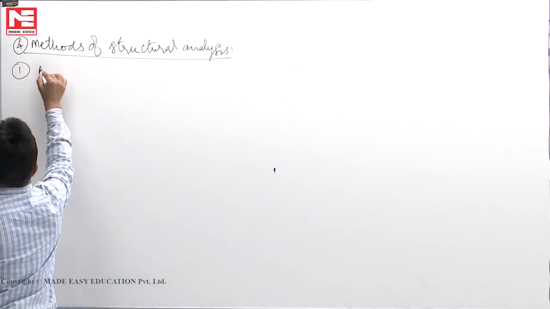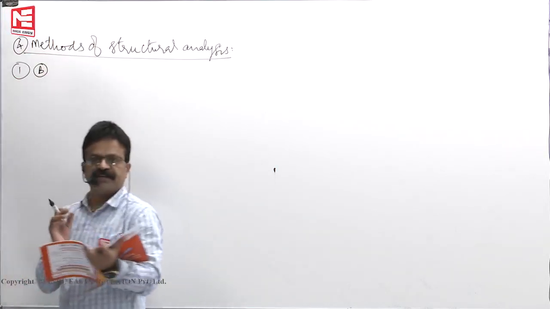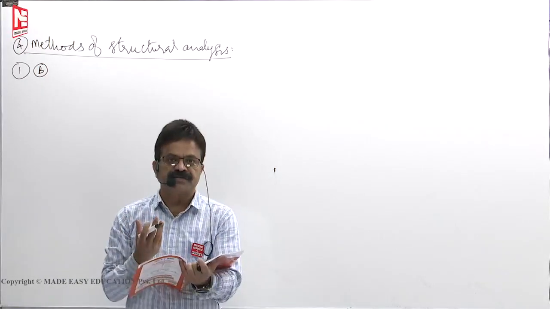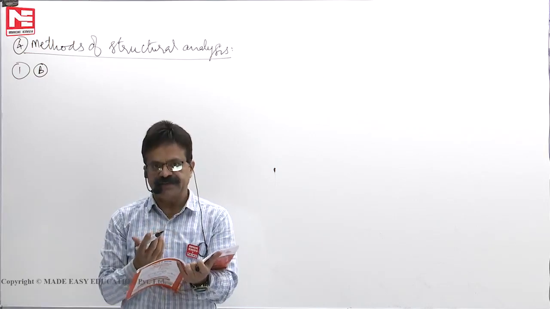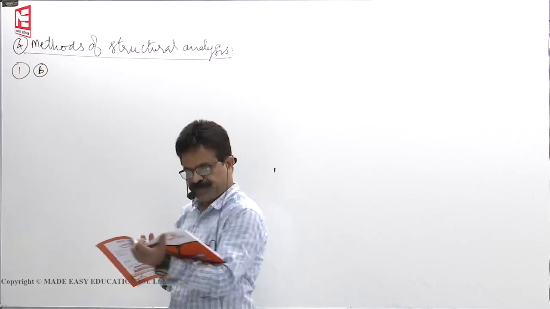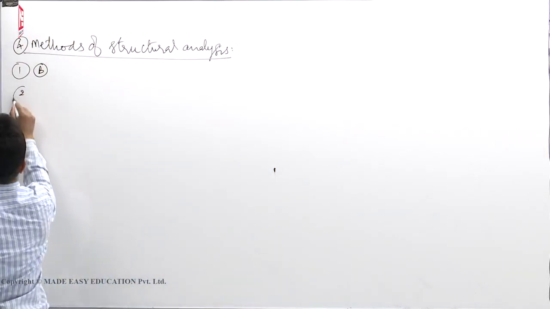I told you that point in the class. How many equations are to be solved in the stiffness method or slope deflection method is dk. If kinematic indeterminacy is 10, 10 simultaneous equations you have to solve. Okay, next. Second one.